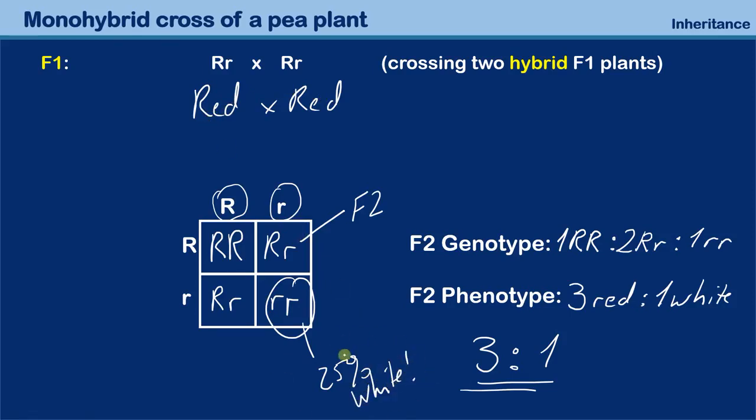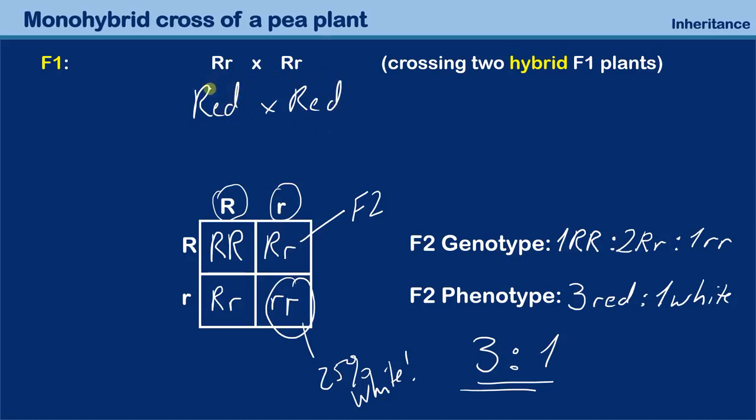So a characteristic reappears which was there in the grandparents, so to say. So these are the parents, but the grandparents, remember in the pea generation there was a white plant, it reappears here. So the white skips or jumps a generation and reappears only over here in the F2. And that was a little bit of a paradox which he was able to uncover.